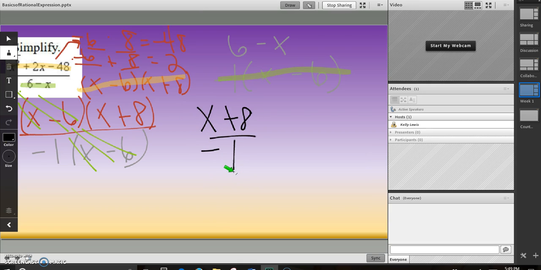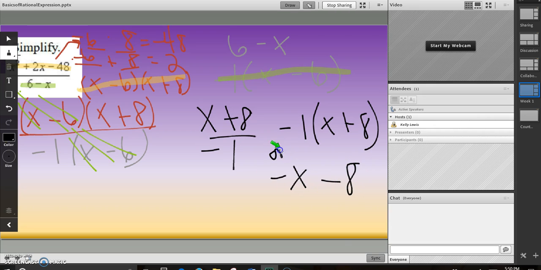There are several ways you can rewrite this. Leaving it as it is is not correct. You need to rewrite it as either negative 1 times x plus 8, or just distribute that negative 1 so you get negative x minus 8. So what we're doing is we factor the top and the bottom. Something is going to be in common, one of those factors, and then cancel those factors.